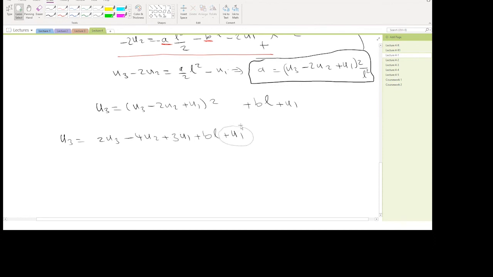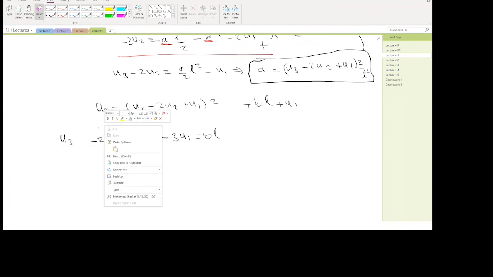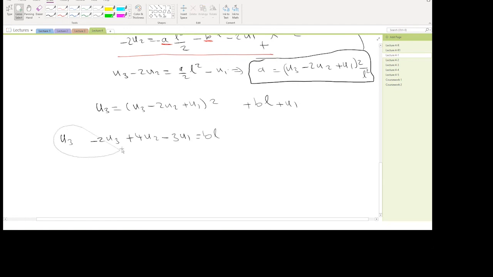And then I move everything to this end here, it is going to change sign and move to the other side. So this is plus, this is minus, this is minus, and this is equal to BL minus 3U1 plus 4U2, and we have U3 minus 2U3, so this is going to leave us with negative 1 U3.